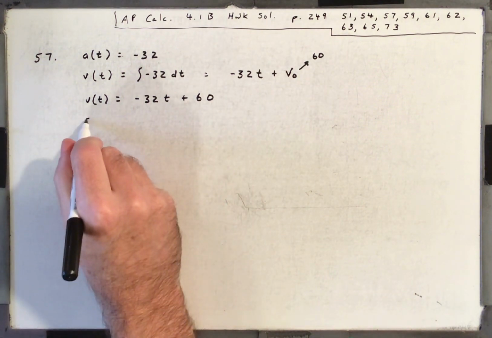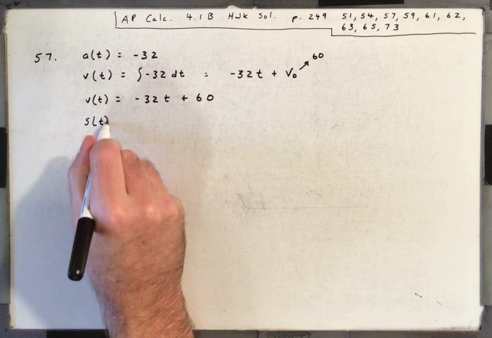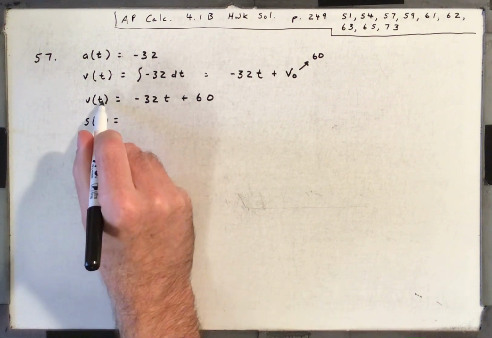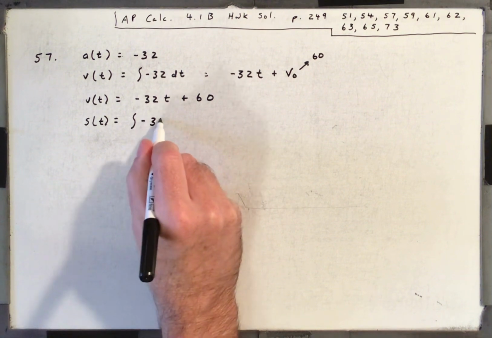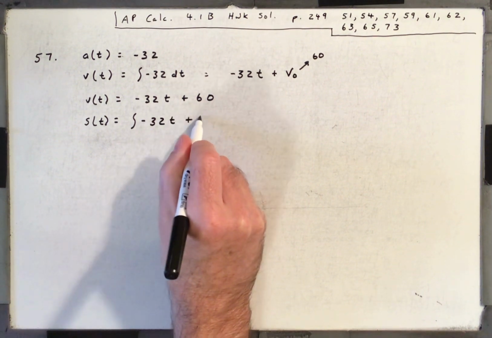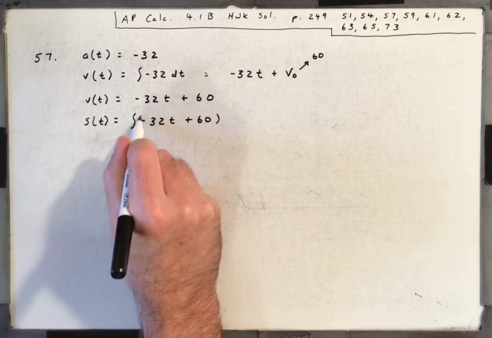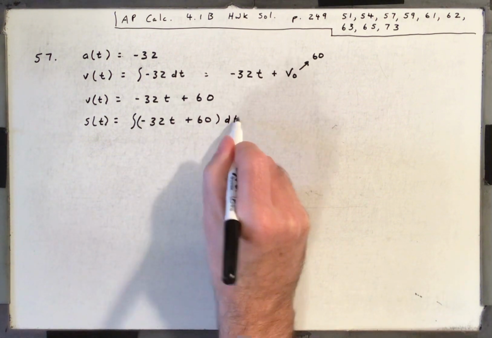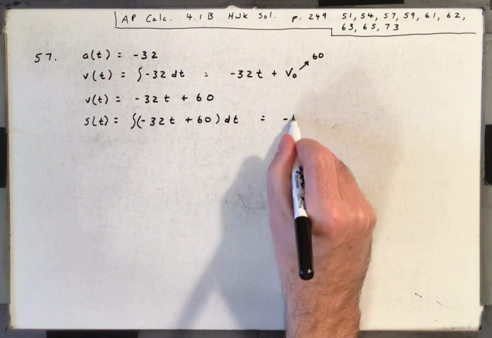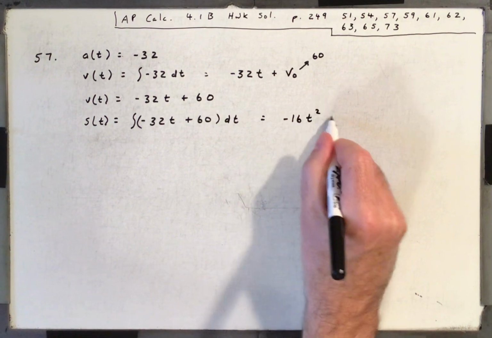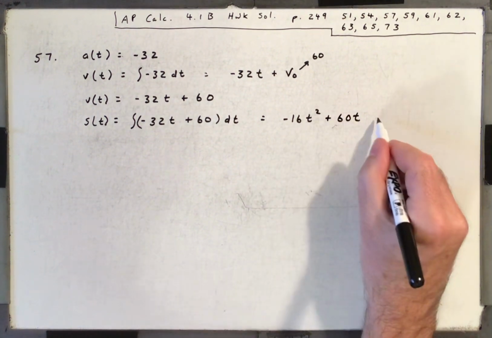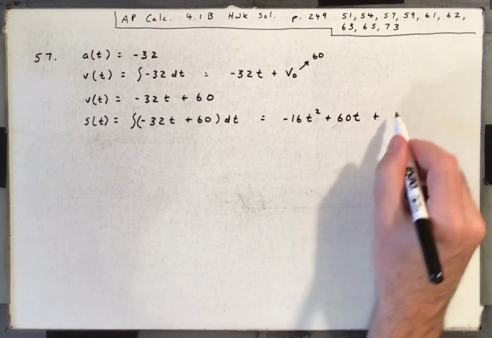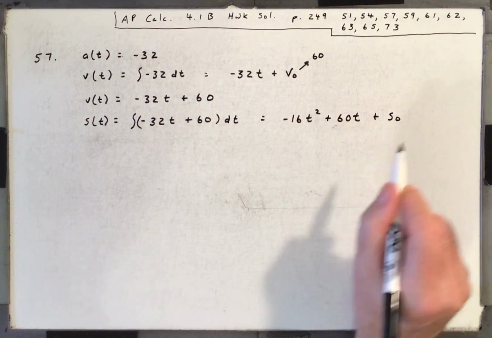But let's go ahead and find our position function. So to go up a level from v of t, we would integrate velocity with respect to t. So that's minus 16t squared plus 60t plus our initial position s naught.